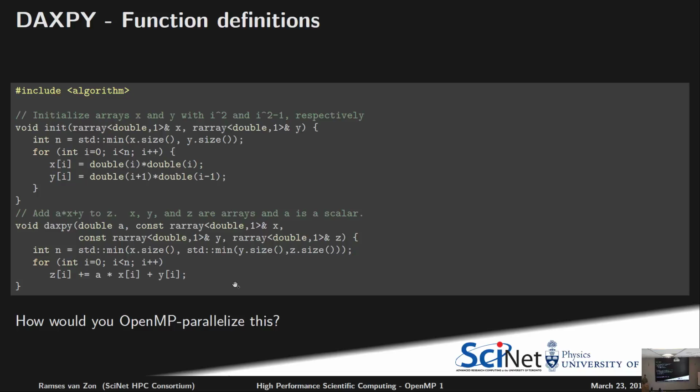Using OpenMP. Where's the concurrency? What can be done at the same time? That should be our question, right?